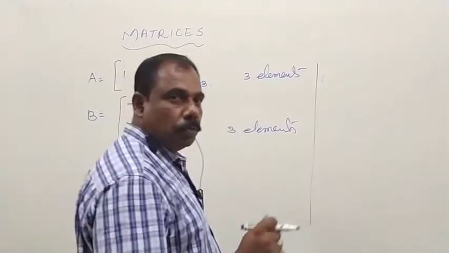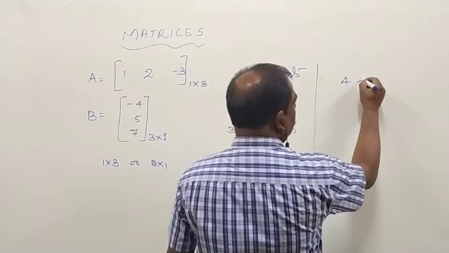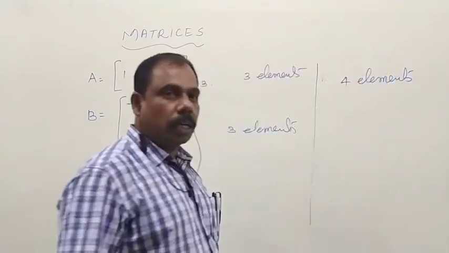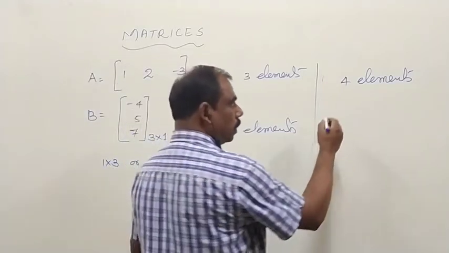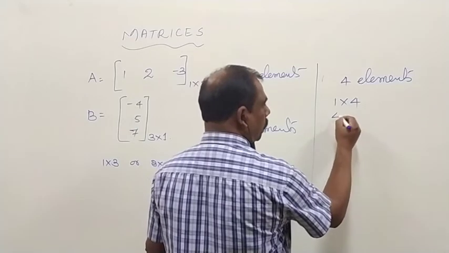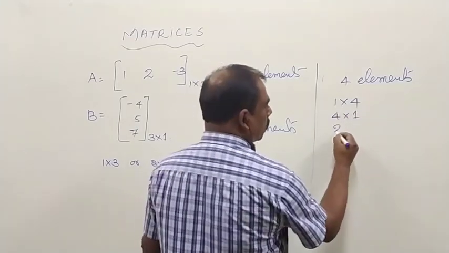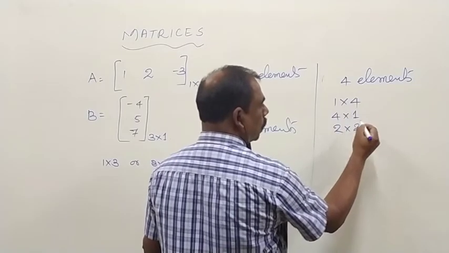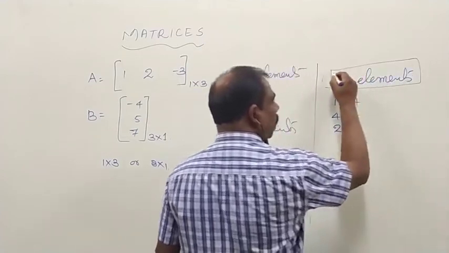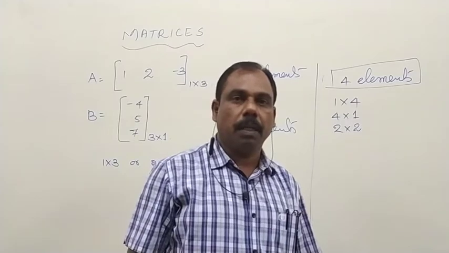Now, suppose we have a matrix that has 4 elements. What are the possible ways of its order? It can be 1 by 4, or 4 by 1, and we have one more option, that it can be 2 by 2. So, if a matrix has 4 elements, the possible orders are 1 by 4, 4 by 1 and 2 by 2.